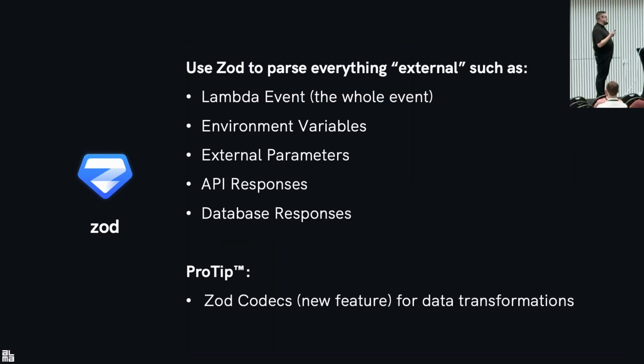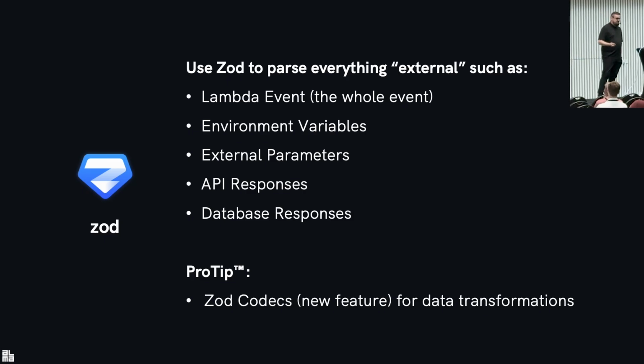And I use Zod to parse everything external when it comes to developing Lambda. So the Lambda event itself, and I don't just mean the payload. If it's an API Gateway event, I don't just mean the body, but the whole payload. And of course, everything that is dynamic, like the body part in API Gateway responses or anything else, I definitely want to parse with Zod.